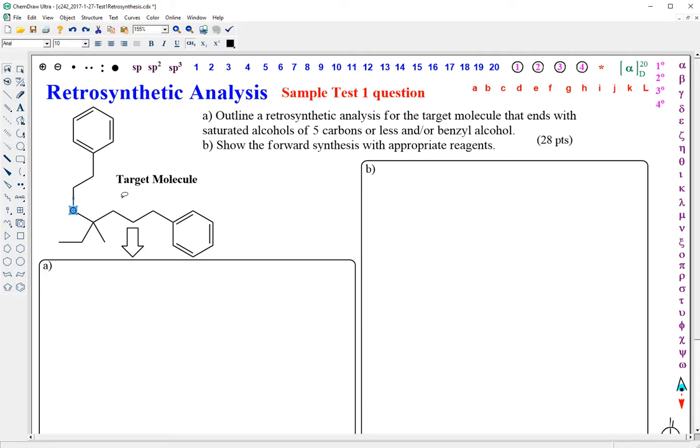This problem will not go very well if you don't know what benzyl alcohol is. Let's quickly review. This is benzyl alcohol.